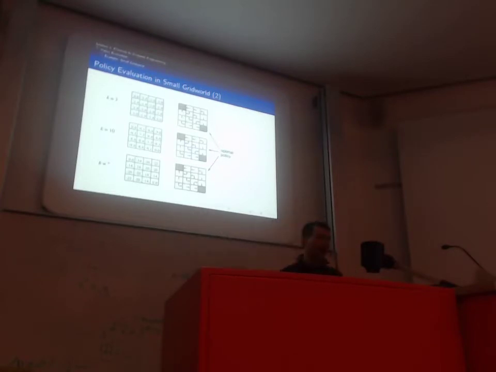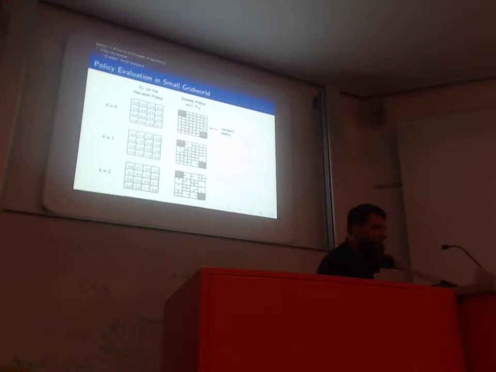Okay, now let's look at the second column. What's interesting about the second column is now we're going to use this to generate a policy. So this second column basically says, if we were to use our value function there to generate a policy, what's the natural thing to do? Well, the natural thing to do is just to pick the actions greedily with respect to our values.